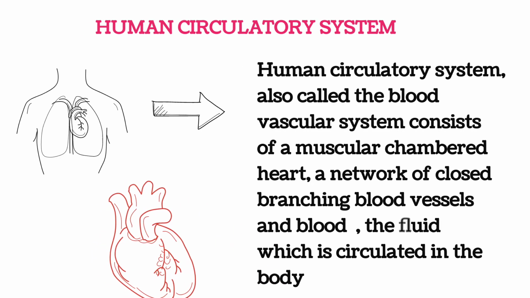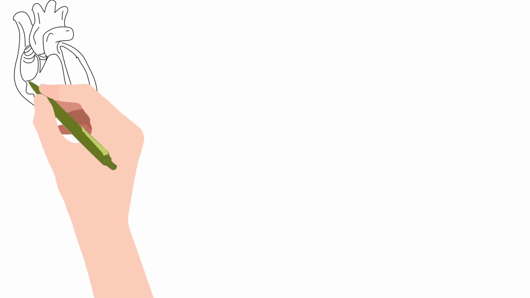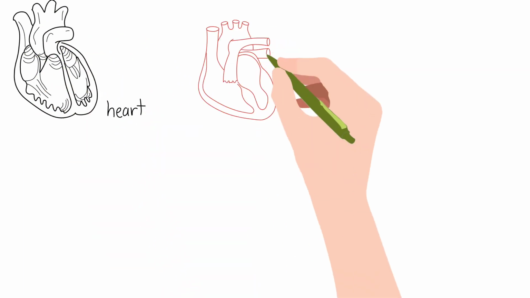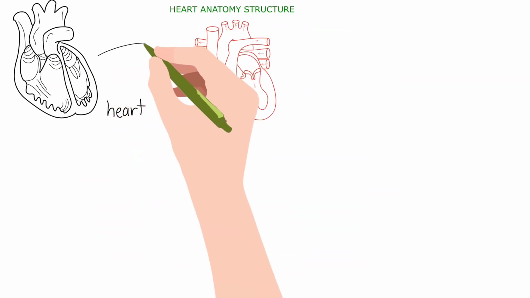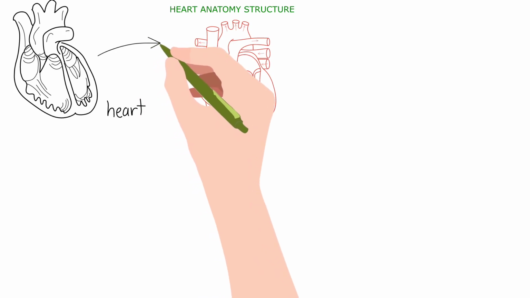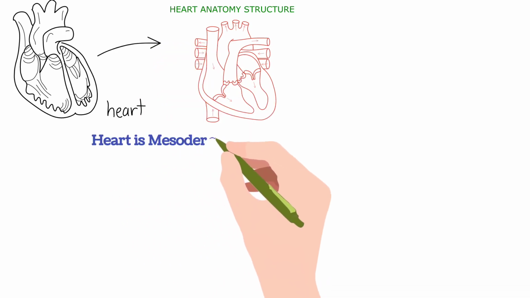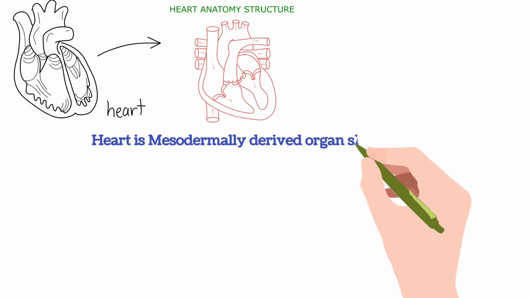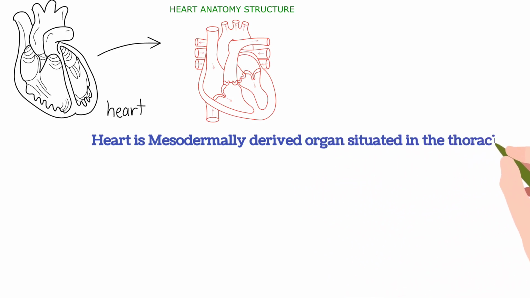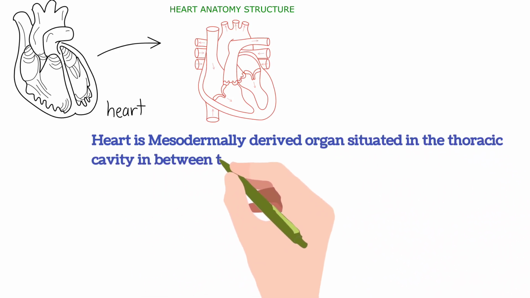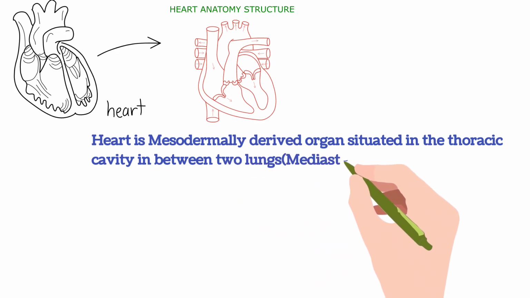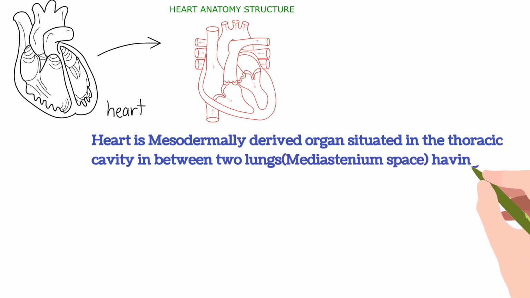Now we will discuss the anatomy of the heart. Students, the heart is a mesodermally derived organ situated in the thoracic cavity in between the two lungs. The space in between the two lungs is called the mediastinum.